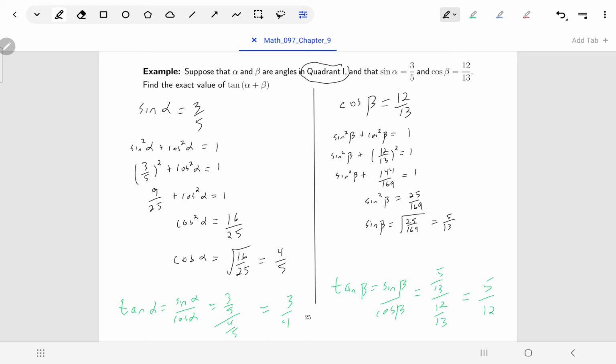So all of this is really just the background work to get us to where we want to be, because the eventual thing was to find what is tangent of alpha plus beta. And to do that, I needed tangent of alpha and I needed tangent of beta, which is why I had all that sine and cosine work having to be done first.